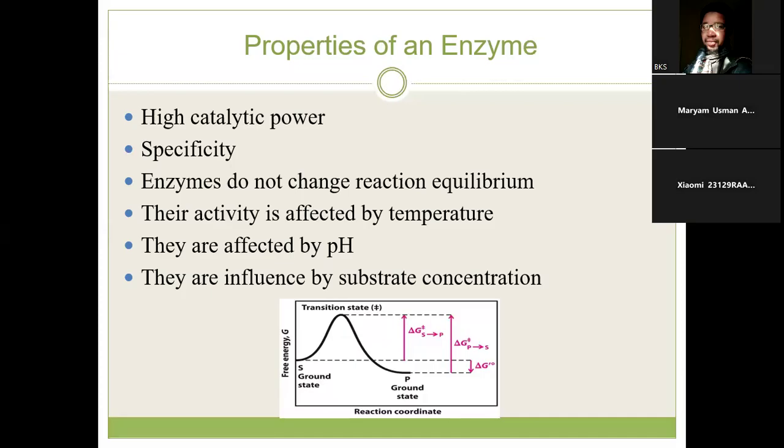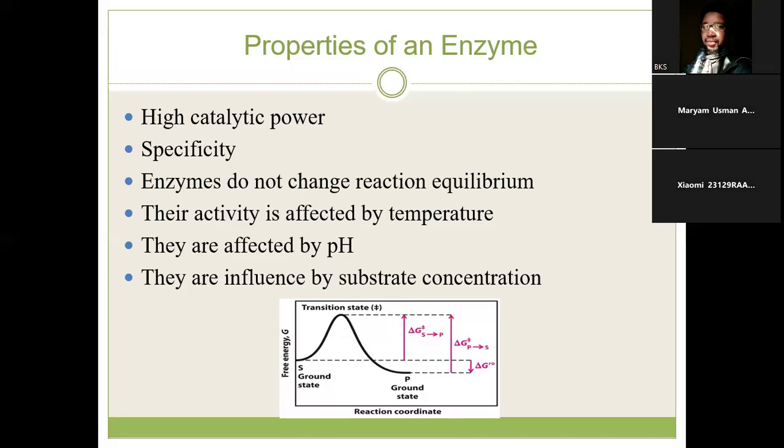Another thing is enzymes are highly specific. They are highly specific in terms of the reaction they catalyze and in terms of the substrate. And this specificity can be in four forms: absolute specificity, group specificity, linkage specificity, and stereochemical specificity.